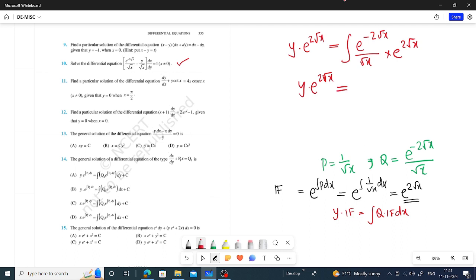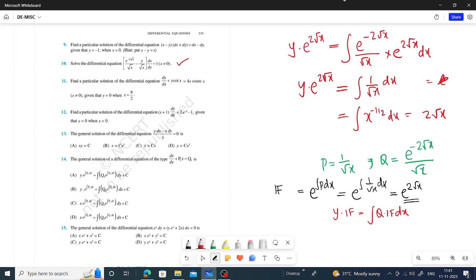Here the integral of e raised to minus 2 root x and e raised to plus 2 root x, that is 1. Integral of 1 by root x dx. So here dx is there. Now how do we integrate it? That is integral of x raised to minus 1 by 2 dx, and we have seen that that is equal to 2 root x.